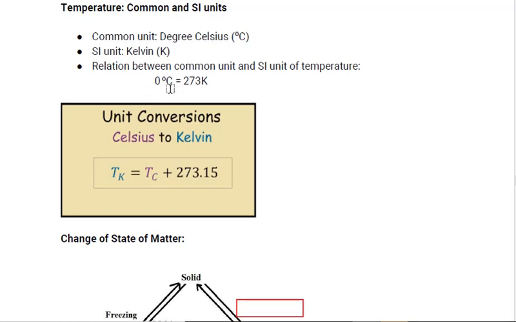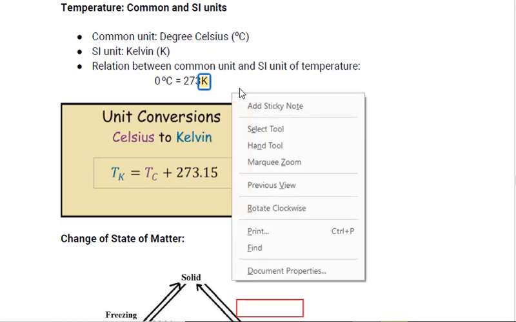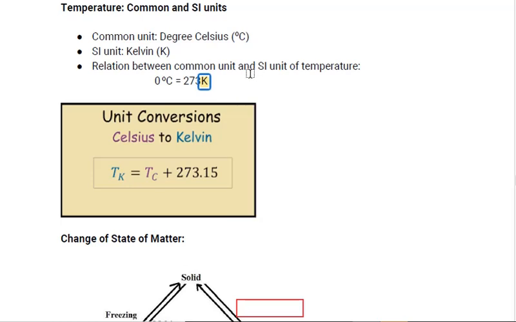This Kelvin is the SI unit. So 0 degree centigrade temperature will be equal to 273 Kelvin.